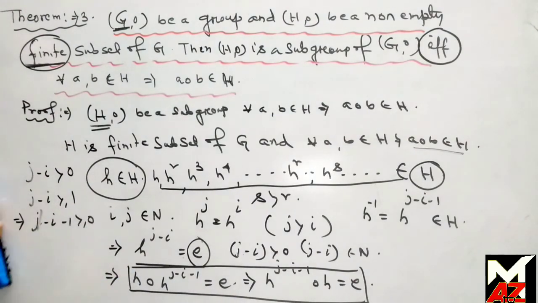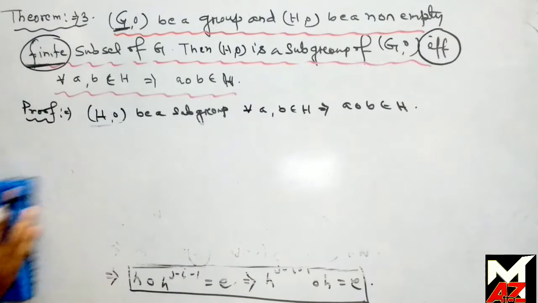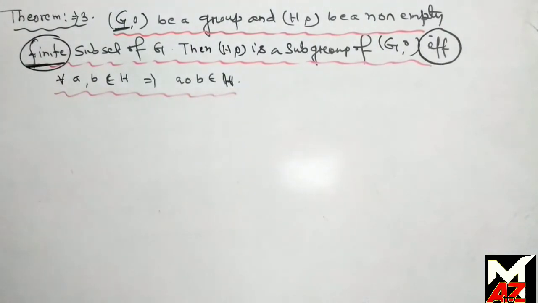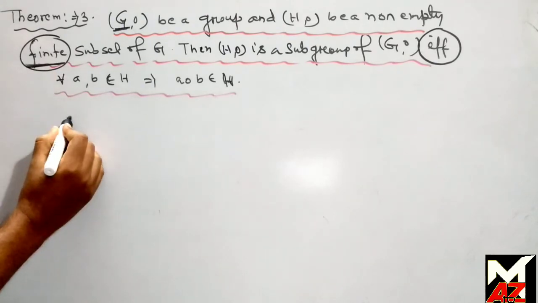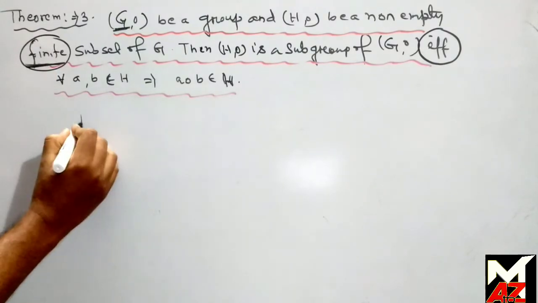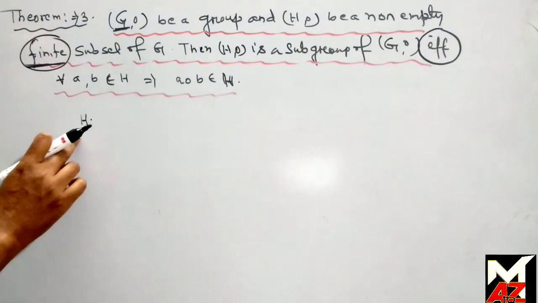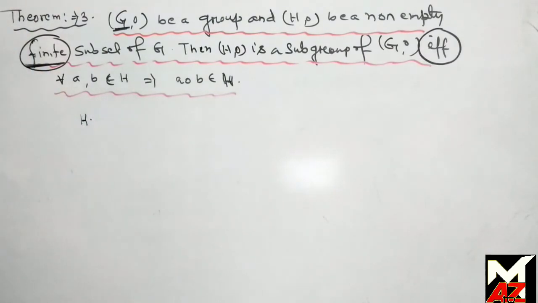Now we get, at the last of the class, an important example to see that if H is not finite, then it may not be a subgroup of G circle.